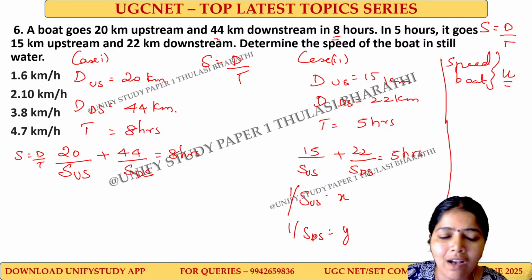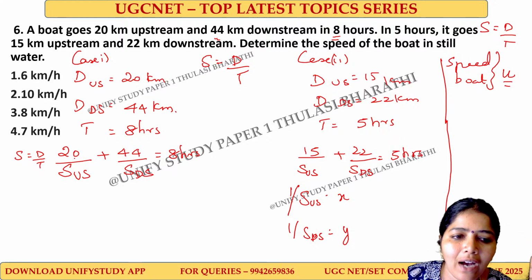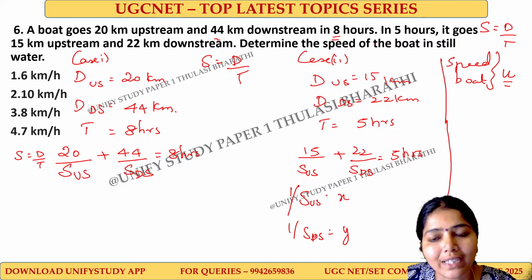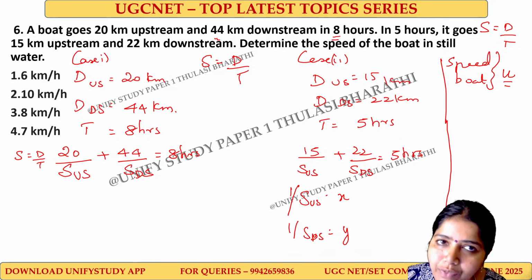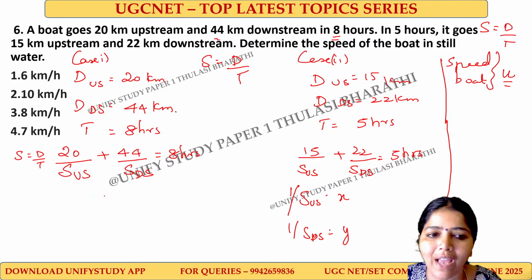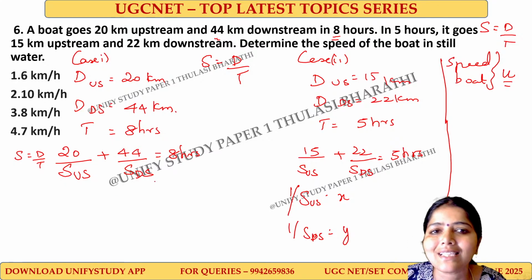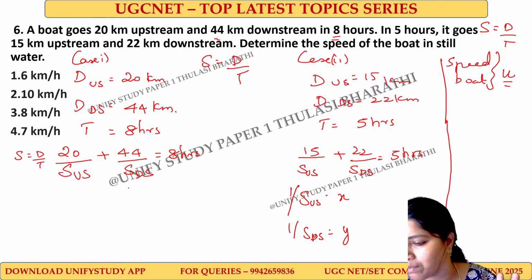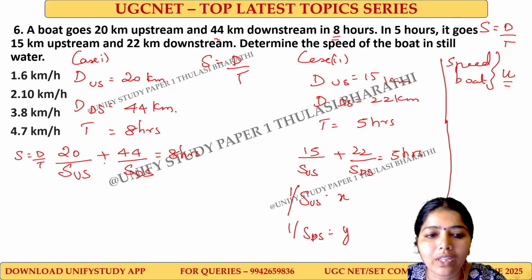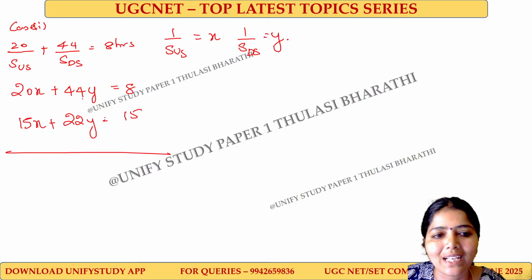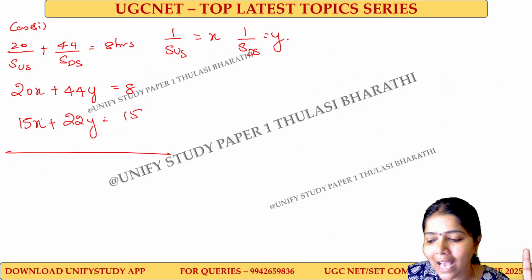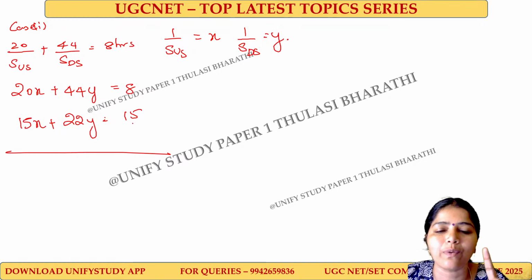Clear? So in this first case, the distance travelled is 20 km at an unknown speed, but I know the time, plus 44 km downstream divided by the speed of the downstream, that is equal to 8. If I add these things, I can get the individual speeds of upstream and downstream. So in this way I have formulated these two equations, and we have got 20x plus 44y is equal to 8 and 15x plus 22y is equal to 15.